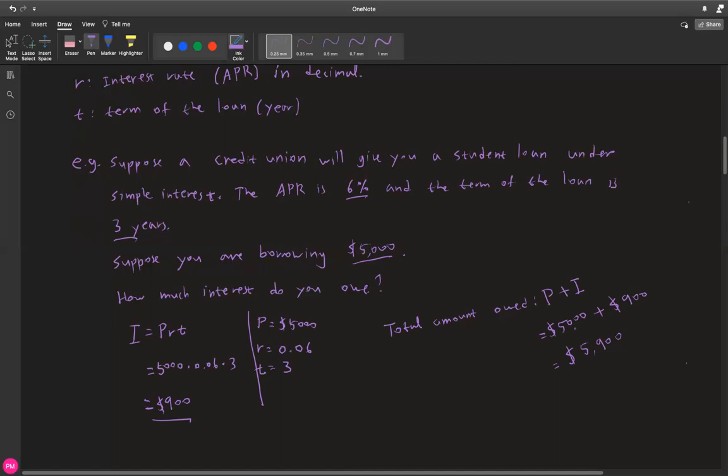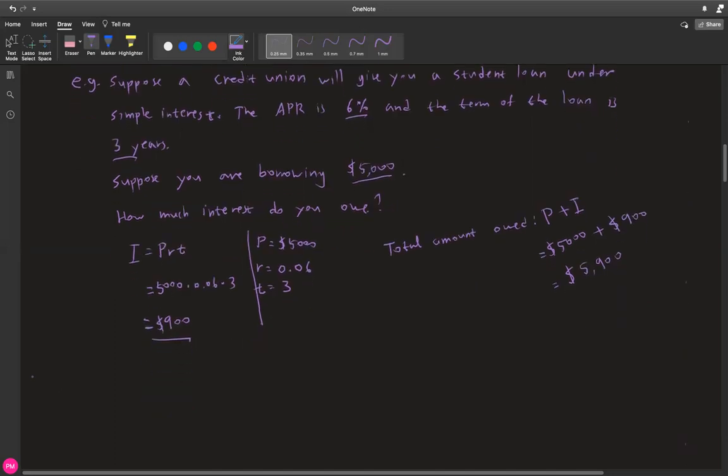Let's actually keep the scenario, and let's say you're still borrowing money from this credit union, and the APR is the same, and the time of the loan is also the same.